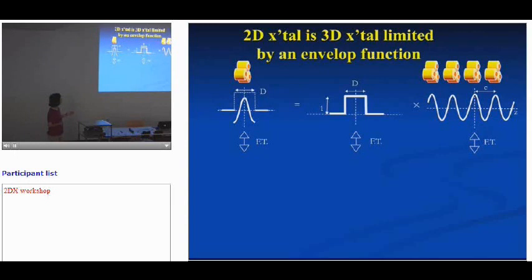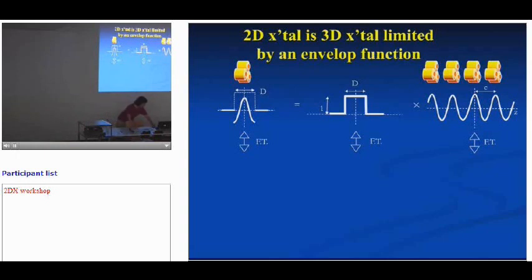Once you multiply that with an envelope function that limits the information to be within a certain distance, you end up with a structure that has values not equal to 0 only within that range. So in effect, we are cutting off all the other layers of our crystal and making it into a 2D crystal. Okay.